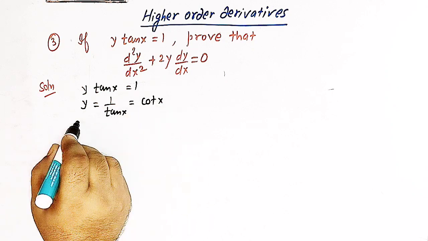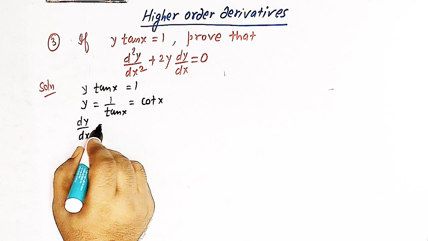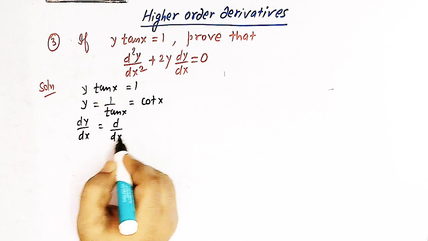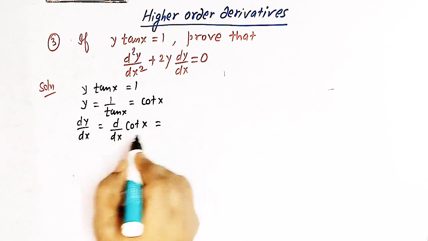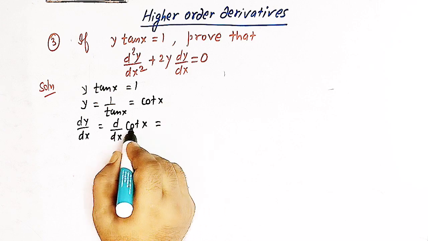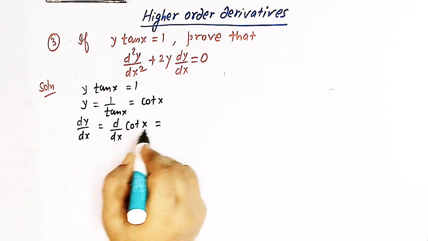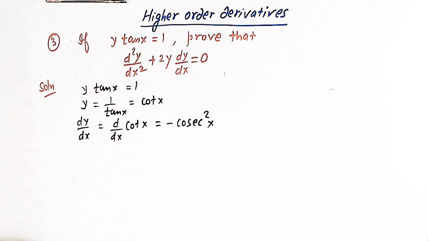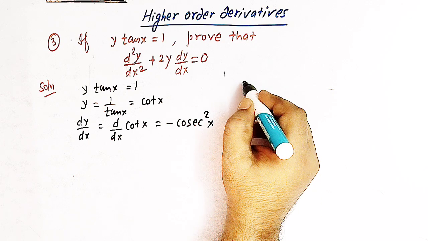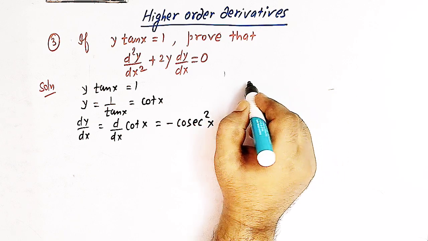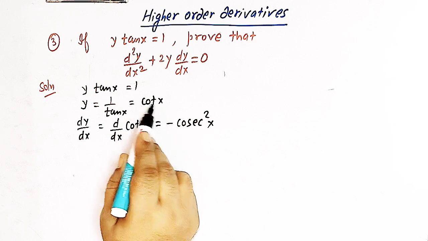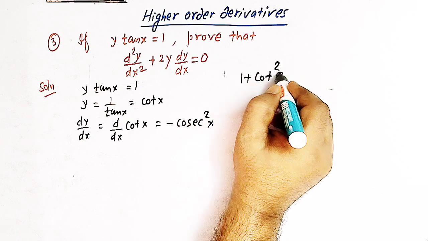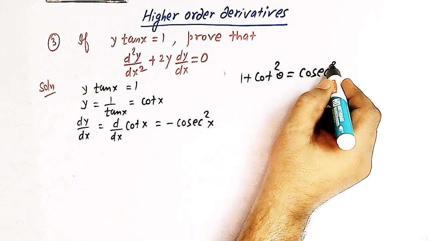Now differentiating both sides with respect to x, we have dy over dx is equal to d by dx of cot x, and from the standard result we know that the derivative of cot x is minus cosec square x. From trigonometry we know an important identity connecting cot theta and cosec theta: 1 plus cot square theta is equal to cosec square theta.